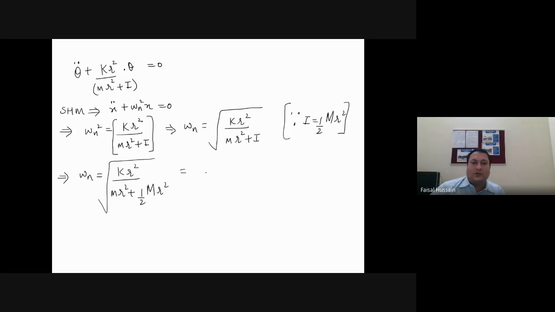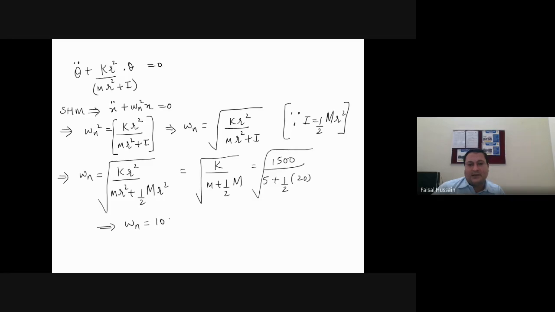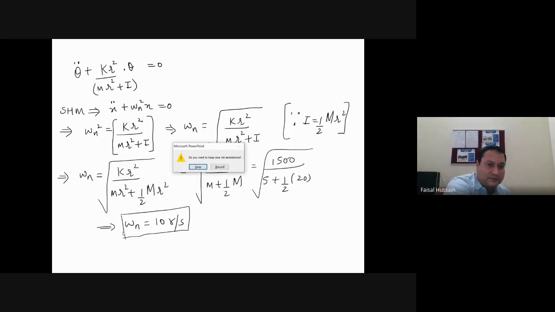Here this equation will be k upon m plus half capital M. Stiffness is 1500, small m is 5, plus half of capital M which is 20. So from here we will get omega n as 10 radian per second.